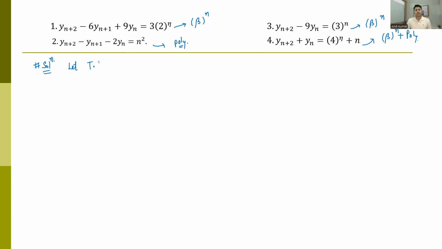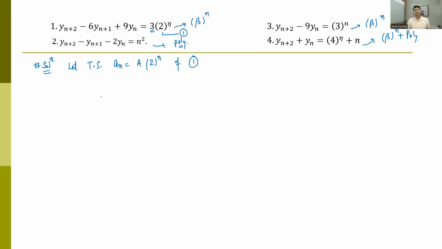Let the trial solution of the first be a into beta power n, that is a into 2 power n. Remember, the constant will not be considered when writing the trial solution.